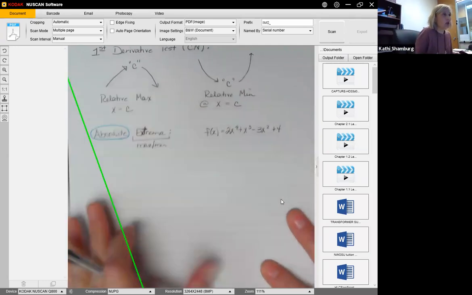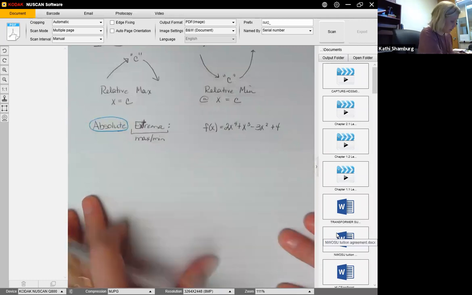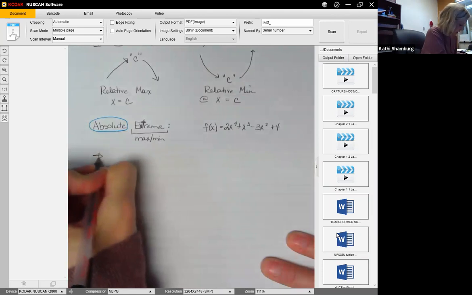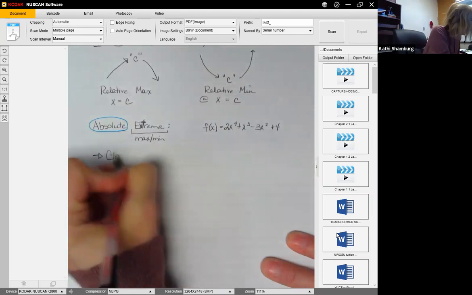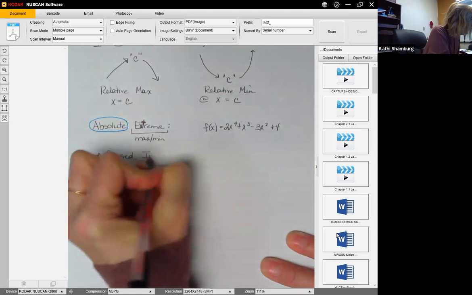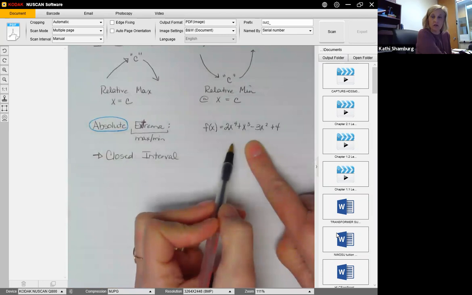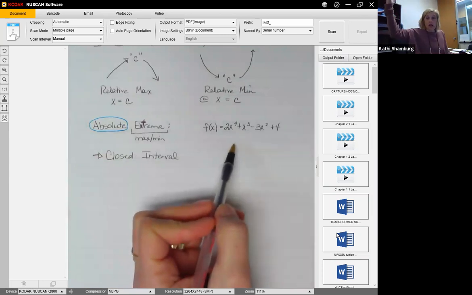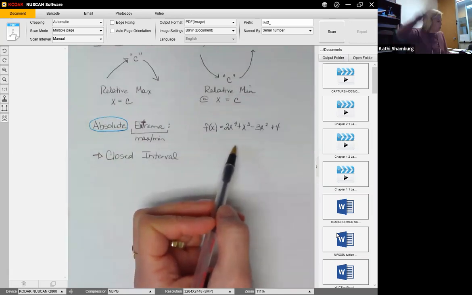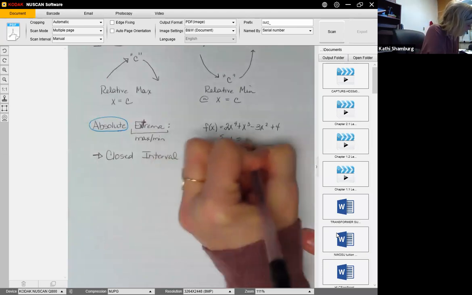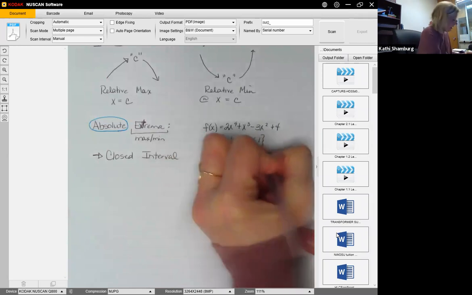So the characteristics that go with absolute extrema, the first thing is it has to be a closed interval. So when we first looked at this function, we found what was a minimum, but the maximum just kept going and going until we put a restriction on the domain.